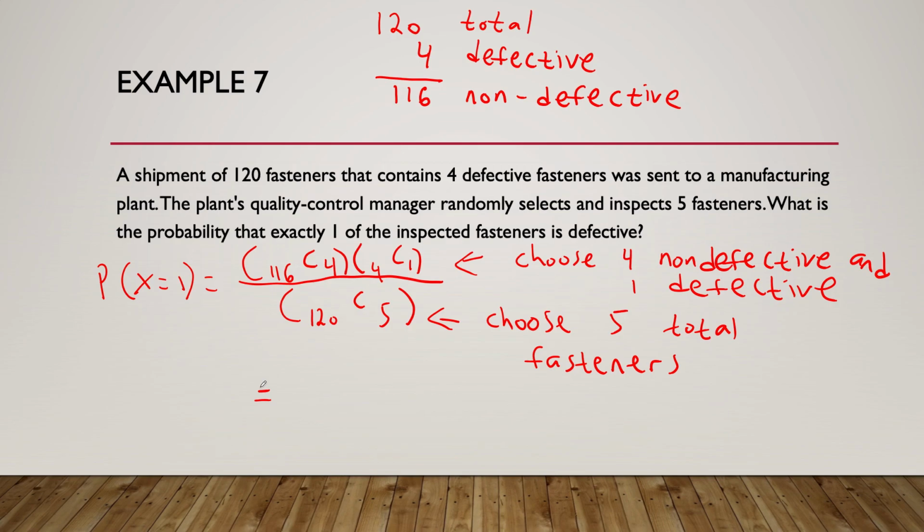When we toss that into a calculator, you would get an answer of about 0.1503. So about 0.1503 would be the probability that exactly one inspected fastener is defective.